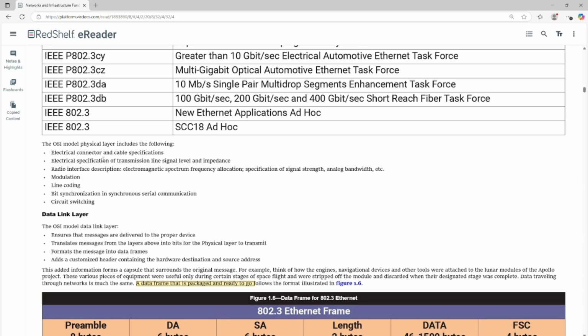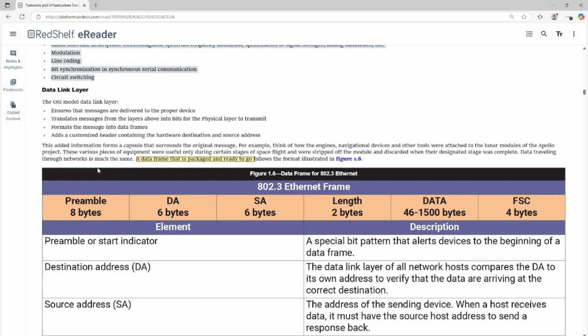We're gonna see this down in the other chapters, how it's been used. Radio interface descriptions, which are electromagnetic spectrum, frequency allocation, specification of signal strengths, and analog bandwidth, modulation, line coding, bit synchronization in synchronous serial communication, circuit switching. Yep, so just keep this in mind.